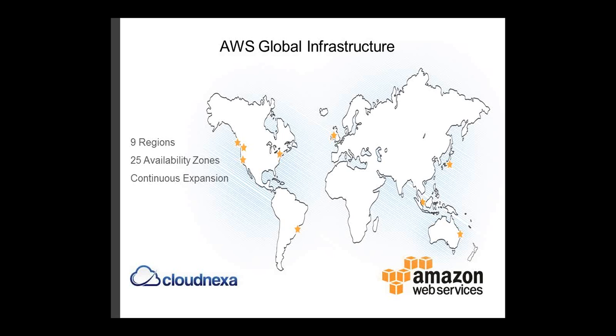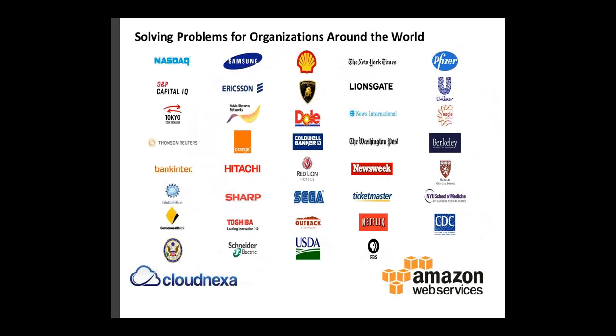That allows our customers to create very fault-tolerant, high availability applications running across multiple availability zones in a region. It also allows for easy backup and other types of disaster recovery scenarios so that you can achieve a very, very high SLA. And we continue to expand with new regions around the world as our customer demand dictates where we expand into.